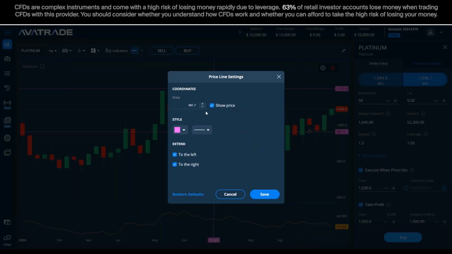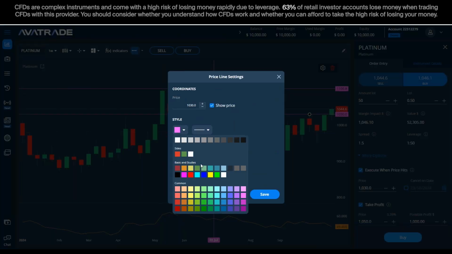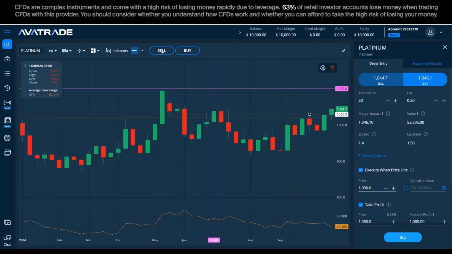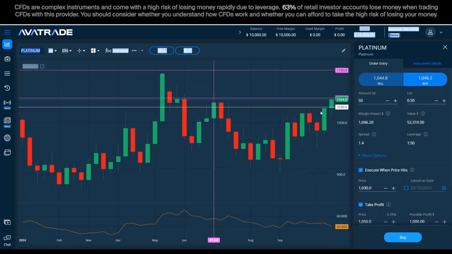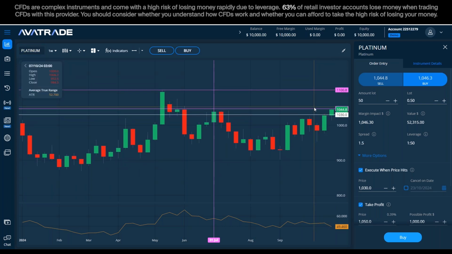So again, if it doesn't let us keep it on a certain price, we can just change the coordinates. Okay, and this became our entry. This became our take profit. Okay, 1050, which is a little higher than where we are at right now.